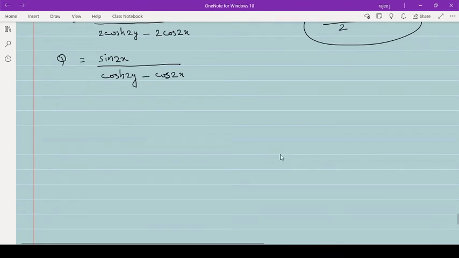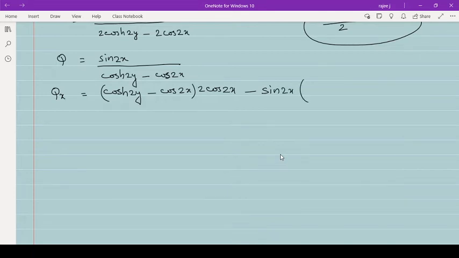Now we will see qx and qy. So qx means the derivative of q with respect to x. Using the u by v formula: denominator cosh 2y − cos 2x into the derivative of the numerator, sin 2x derivative is cos 2x, then the derivative of 2x is 2, minus numerator sin 2x into the derivative of the denominator. The derivative of cosh 2y with respect to x is 0, minus the derivative of cos 2x, which is minus sin 2x, and the derivative of 2x is 2.